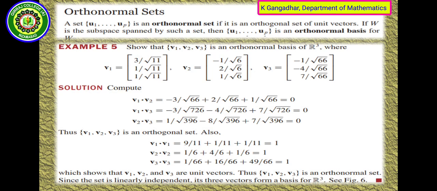Now, orthonormal set means the inner product of the same vectors is 1 and the inner product of different vectors is 0. Then the given set is called orthonormal.